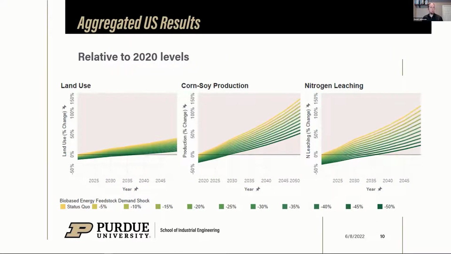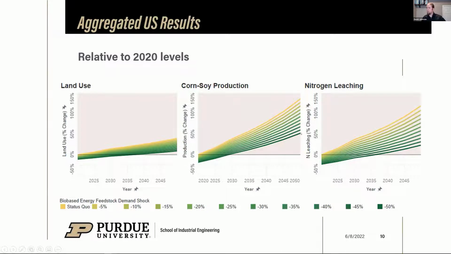So if we're looking relative to 2020 levels, then we can see that we still have rather large increases in production and nitrogen leaching by 2050 over the coming decades, even with a 50% decrease in demand associated with bio-based energy.